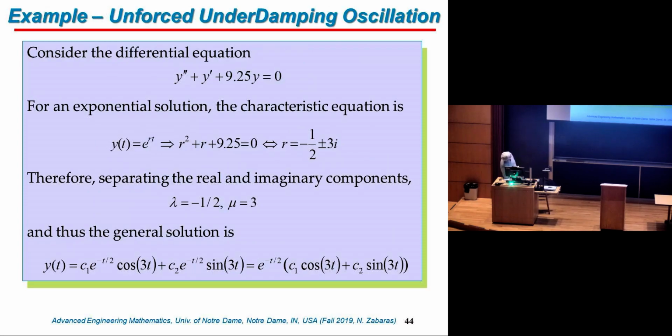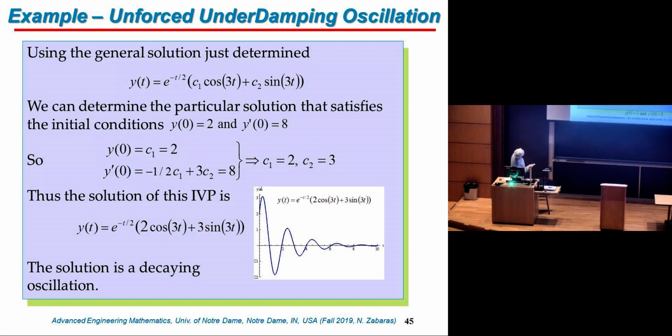And again, here is an example. If you form the characteristic equation, you get two roots, real part minus 1/2, imaginary part plus minus 3i. So the two solutions look like this, with coefficients C1 and C2. And I don't know if we have any initial conditions.